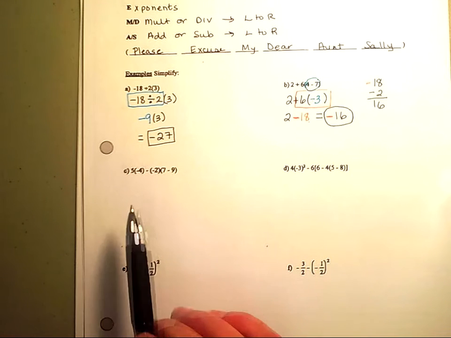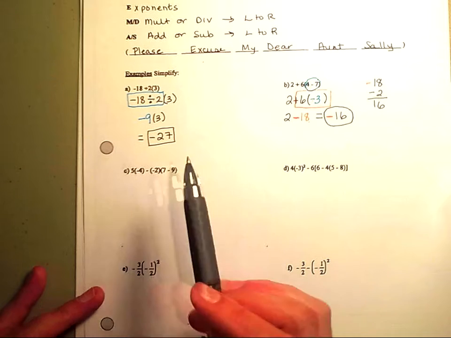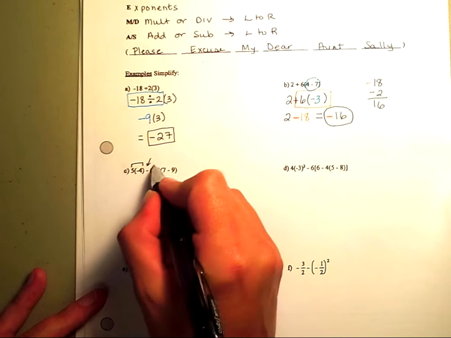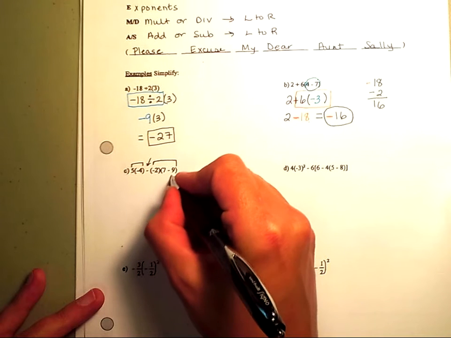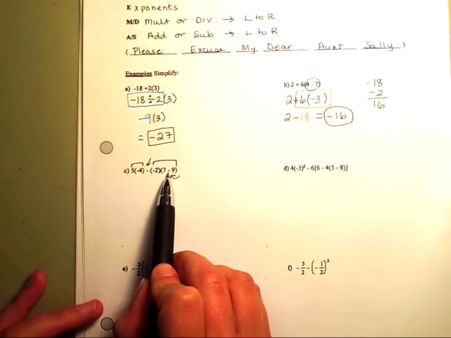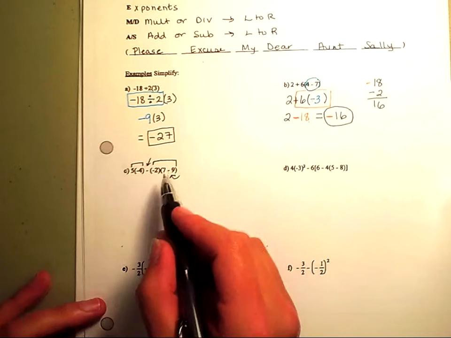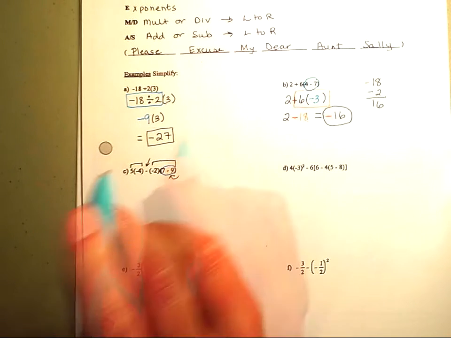Okay. So now let's try and see what we have. Here we have a multiplication, then a subtraction, then some more multiplication, but inside of here we have some parentheses that need to be simplified first. So let's deal with them. 7 minus 9.